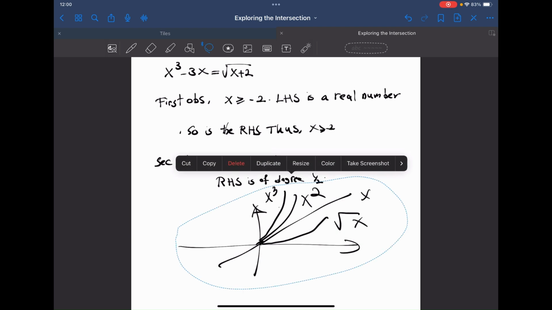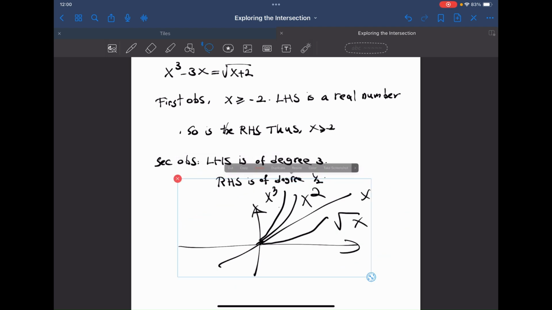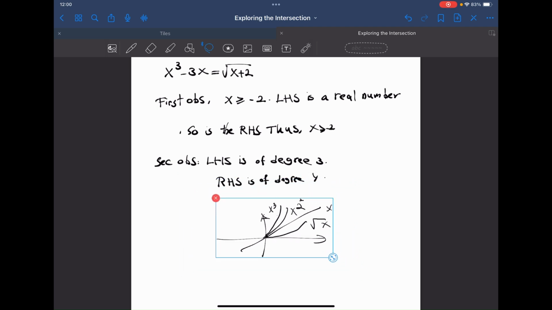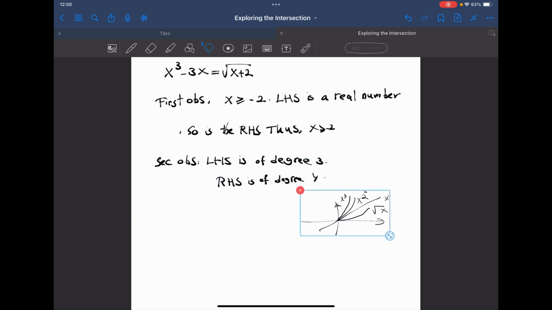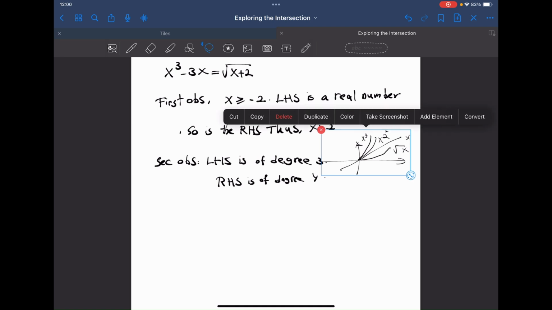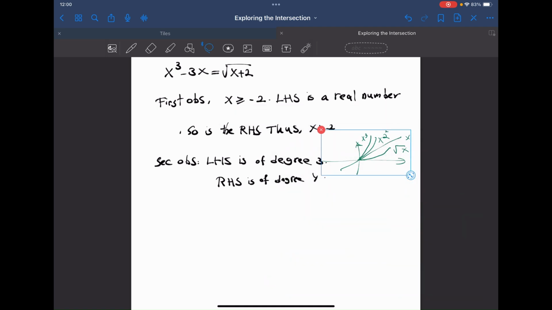And this is the key observation here. So I'm going to move this here, change the color, and I'm going to write 1 over 2 here, x to the power 2. Sounds good?